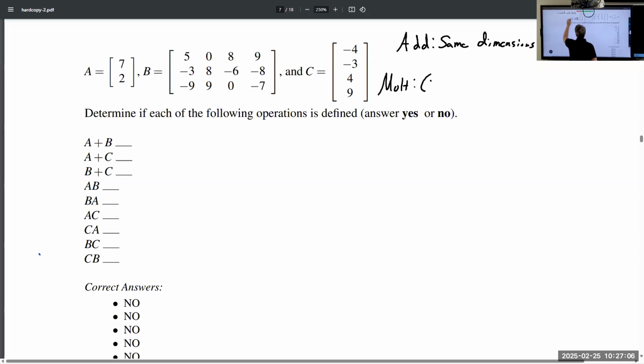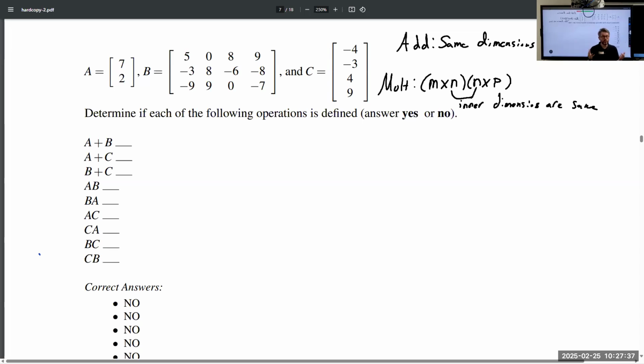These are the dimensions, m by n by p. The inner dimensions are the same. Okay. And it's not just this. This is just getting us started. We're gonna see examples of that.